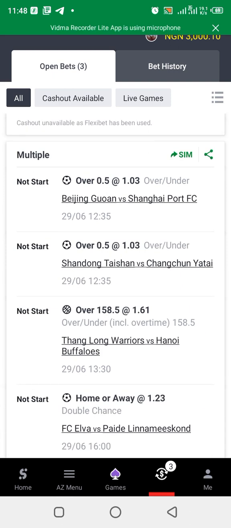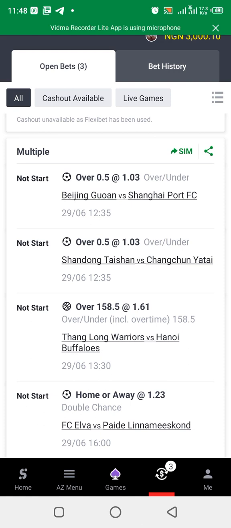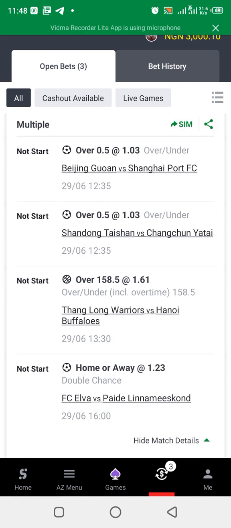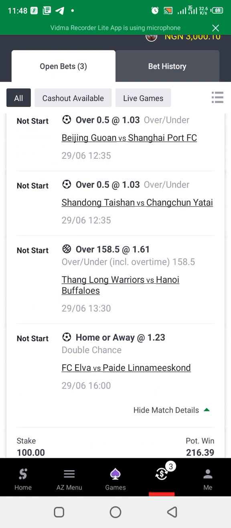The first game that I predicted here as over 0.5 is under the China League, so you can make use of it as over 0.5, and this one is basketball, under the Vietnam League. You can make use of it, and you can search for these particular teams too and predict them on my way. Add it to your tennis odds, and surely you are going to be getting something big.